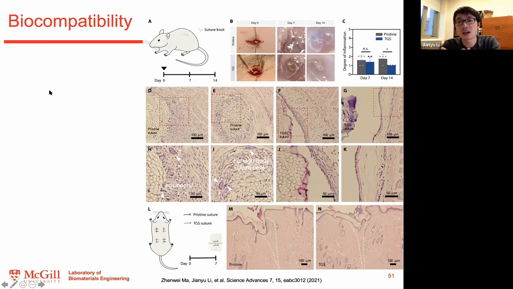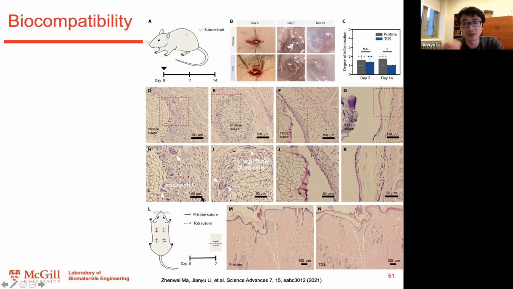And because of this nice interface with the native tissue, we also demonstrated in the in vivo study that this coated suture induces very minimal inflammation, and over the long term has even better biocompatibility than the pristine suture from Johnson & Johnson. That's the PLGA one we tested.